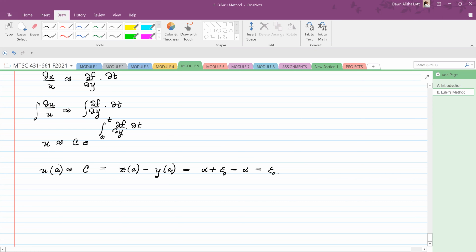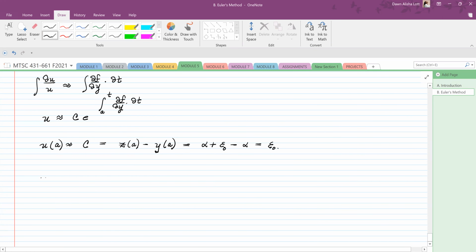So therefore we get u is approximately epsilon naught e to the integral from a to t of the partial of f with respect to y, partial t.